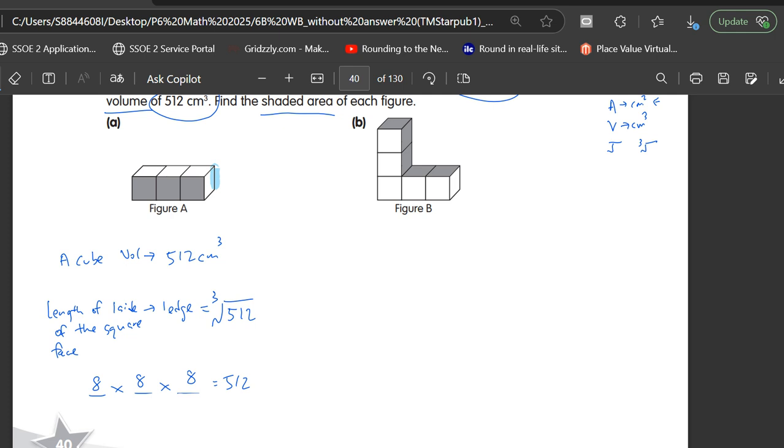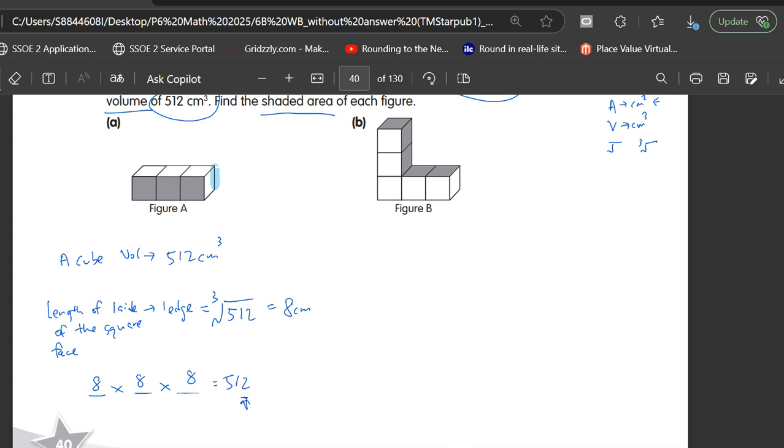Now, Achilles just now said, oh, he thinks of 2 numbers first, to multiply to give me the digit. Okay? Alright, so I'm saying here that one side of the square or one edge is 8 centimeters.